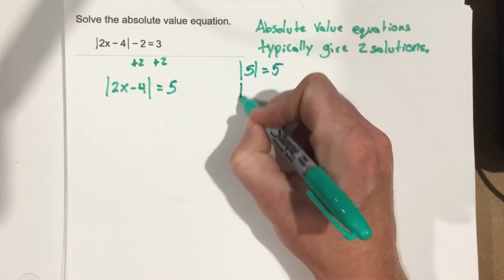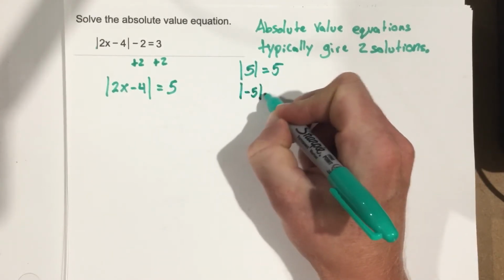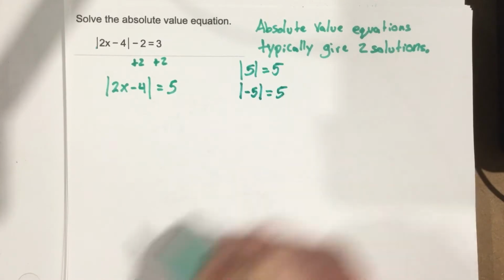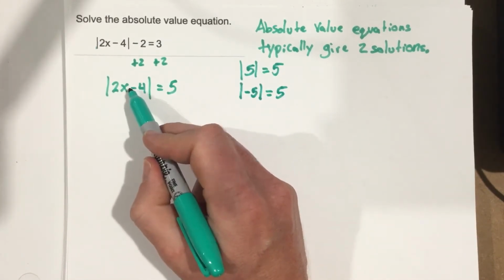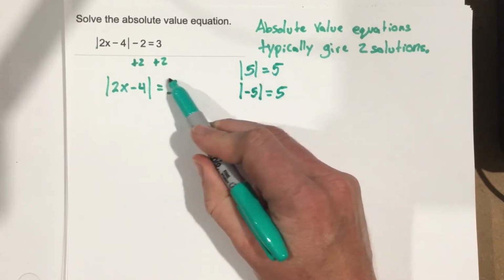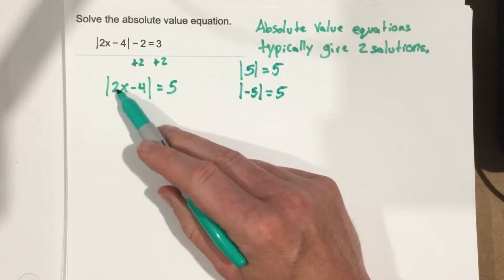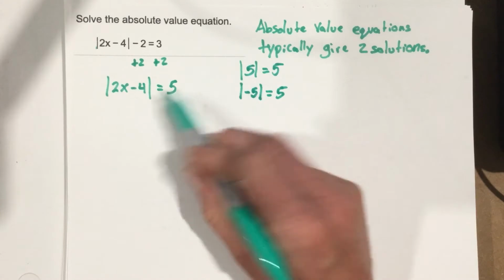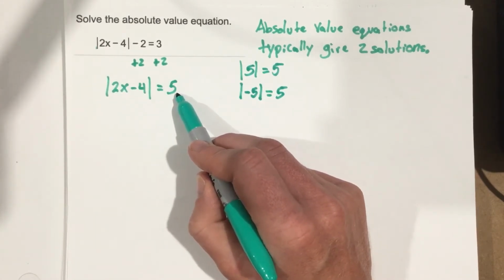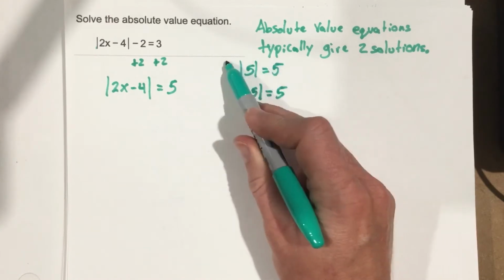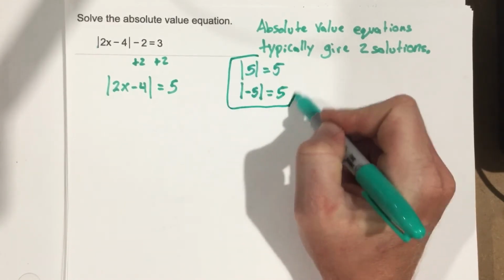But we also know the absolute value of negative 5 is also 5. So 2x minus 4 is going to have to produce a 5 inside there to get it to equal 5. Or it's going to have to produce a negative 5 inside the absolute value sign to get a 5 on the outside. So this idea right here, I'm going to circle it.